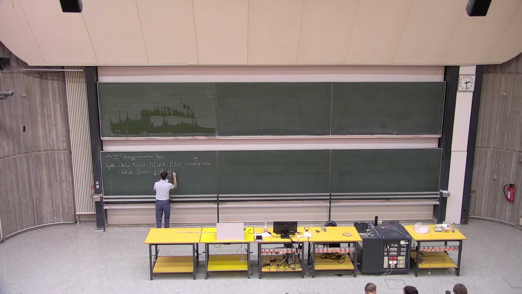And that's equal to 0. Okay? That's the Euler-Lagrange equation. The trajectory, if we want, of our particle, or better to say, the equation of motion.